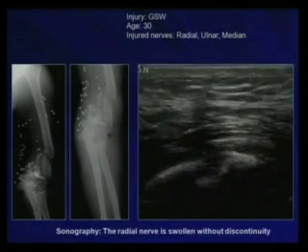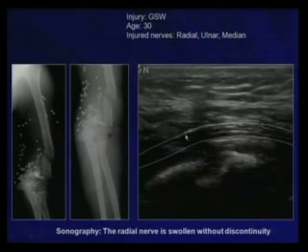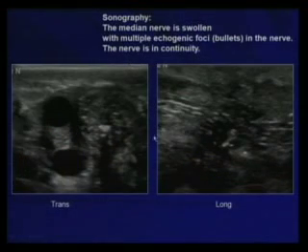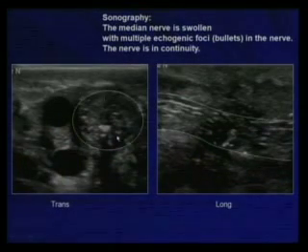In this case, you have a gunshot wound injury with severe shortening of the humerus and multiple pellets. So the patient has deficit in the radial, ulnar, and median nerve, and we explored all these three nerves. We found that there was swelling of the radial nerve, but the nerve was intact with no discontinuity. The median nerve was swollen too, and we found a lot of foreign bodies intrasubstance that are these hyperechogenic structures.